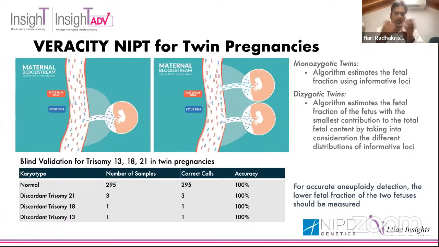Whenever we do an analysis, we always have to look at the lower number of these two, because if we just take a total fetal fraction and split it in half, there is a chance that we are overestimating the fetal fraction. And especially in a discordant pregnancy, you may end up with a false negative result.